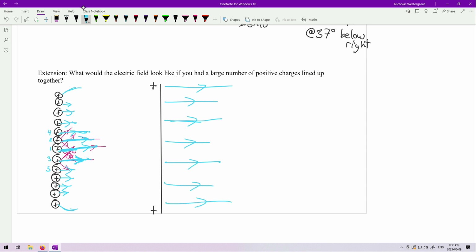By uniform, I mean it is all pointed in the same direction, and at any distance away from the plate of charges, it's going to be the same. As you move further and further away from the plate, it is going to die down and become less powerful, because we know that the electric field reduces the further you get away from the charge.